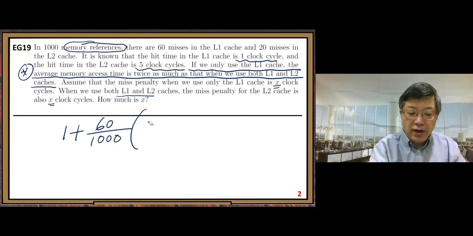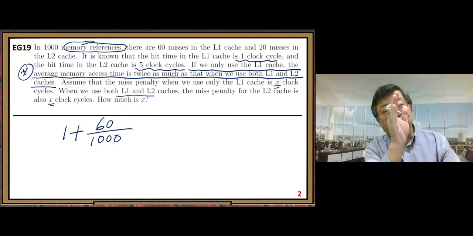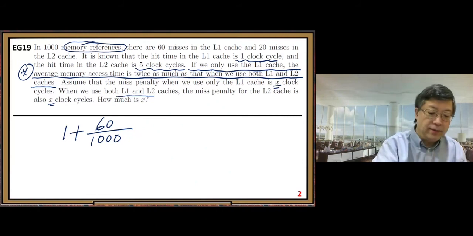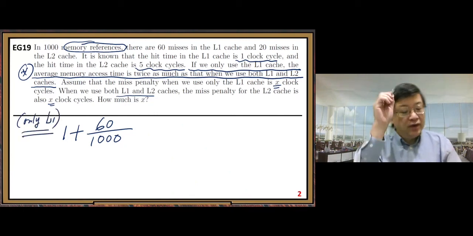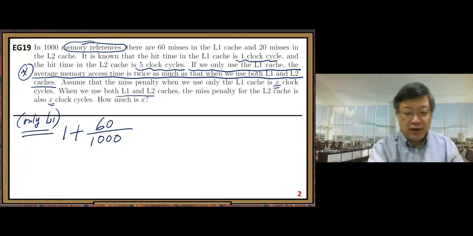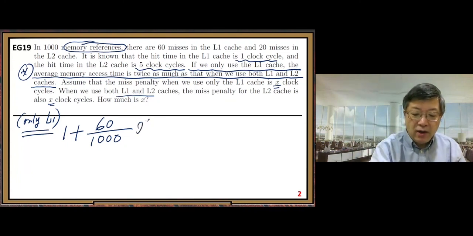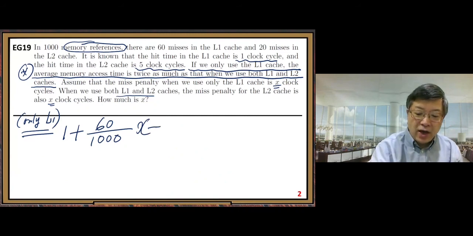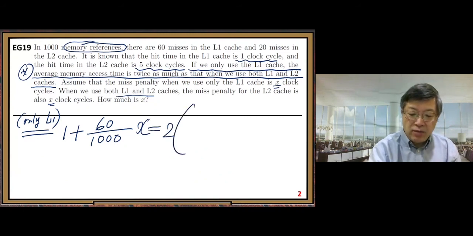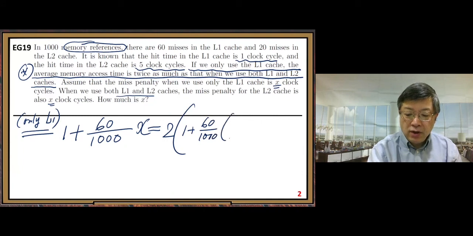Oh, sorry, because the left-hand side, we only use L1, so we do not include the L2 part. So we multiply the miss penalty directly. Then the right-hand side, twice as much, still 1 plus 60 over 1,000.